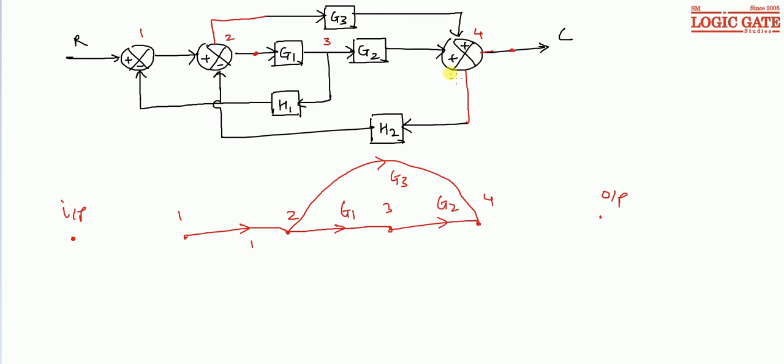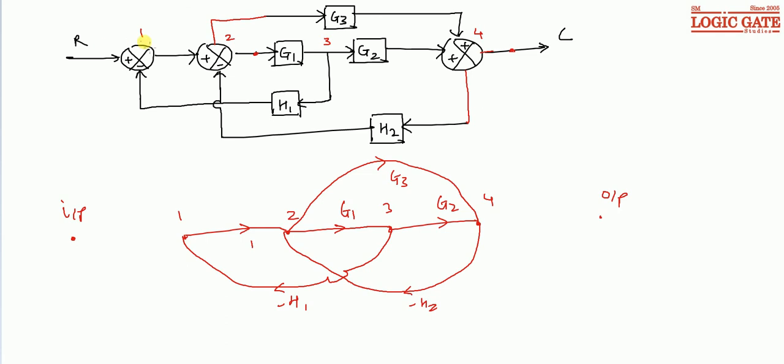Now between 4 and 2, H2 is connected, and between 3 and 1, H1 is connected. So between 4 and 2, this is H2, in fact minus H2, because minus H2 is going to minus of this mixer, and between 3 and 1, H1 is connected, so minus H1.